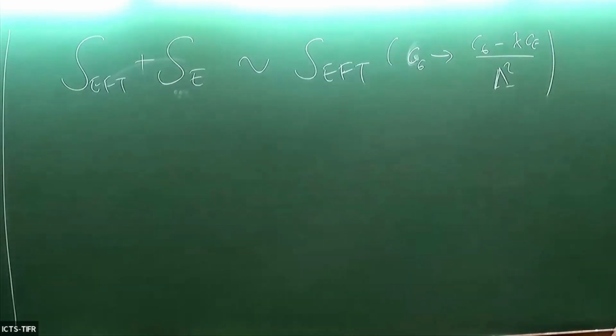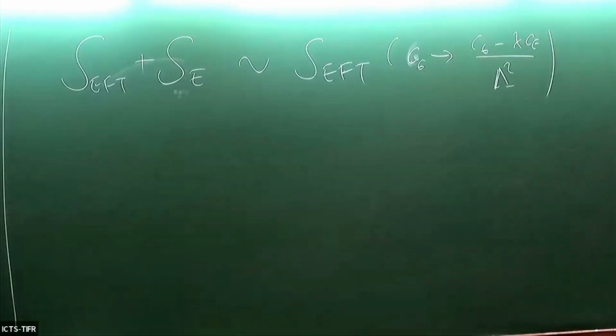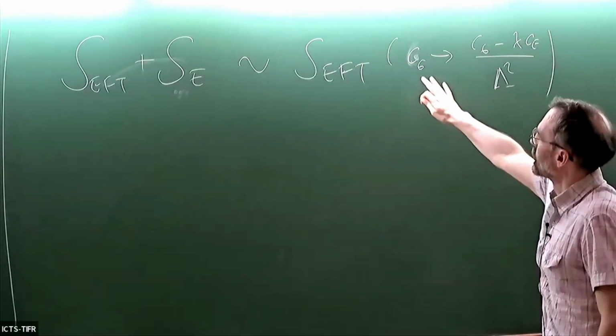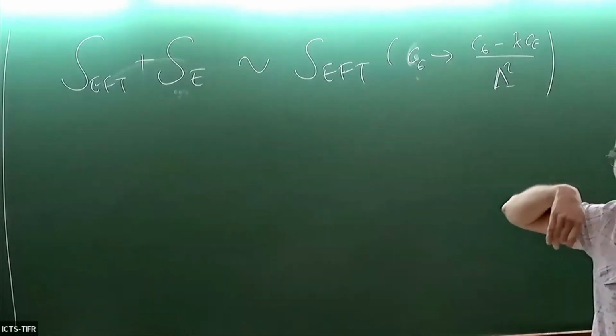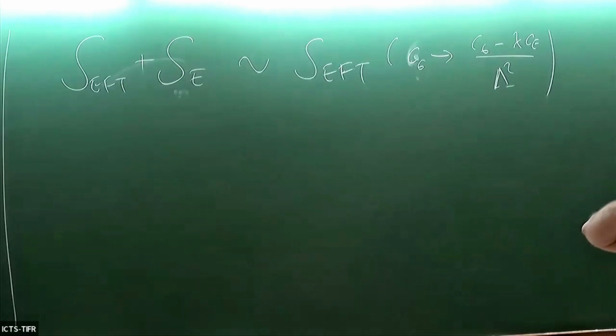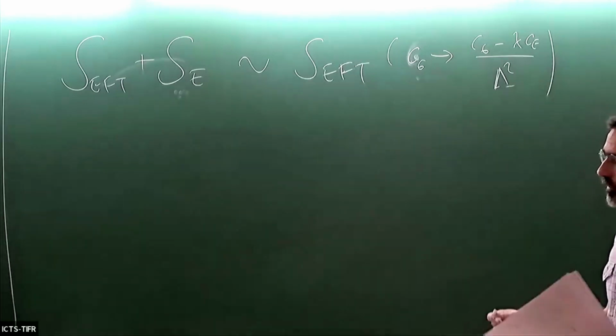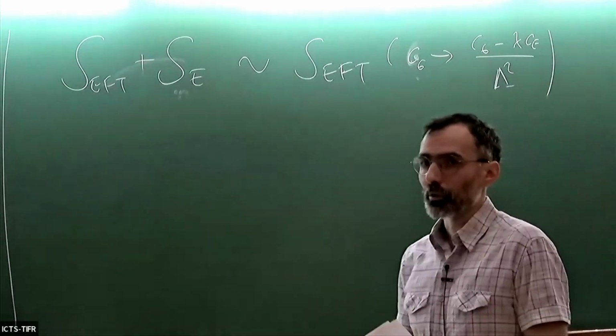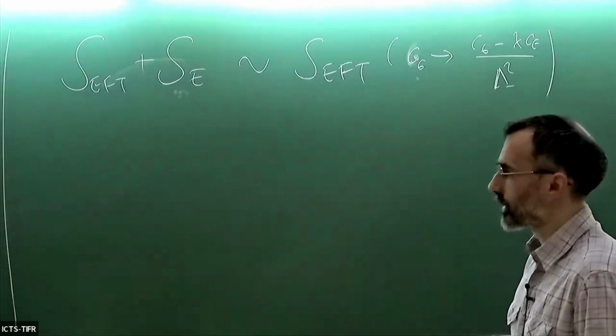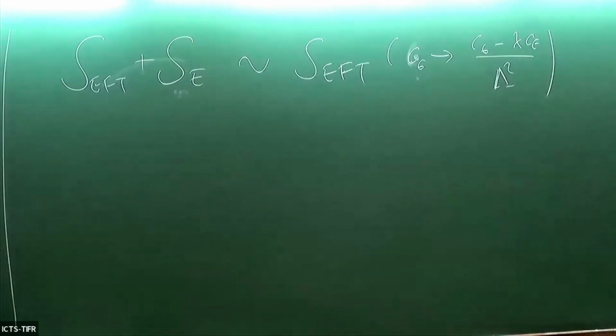We can incorporate that new operator into the old basis we had, just shifting the value of one of those coefficients. This is the whole point about using equations of motion to reduce your basis. And I try to make it explicit.